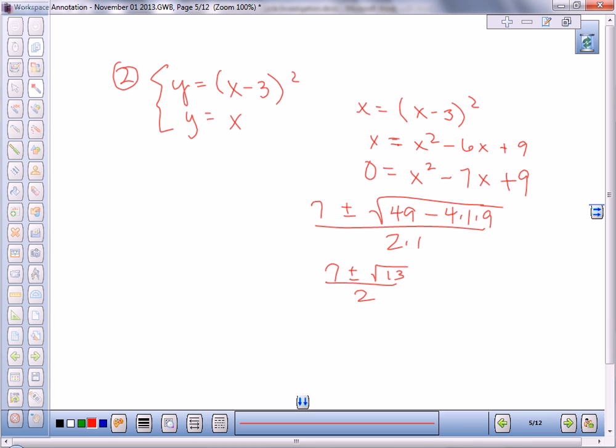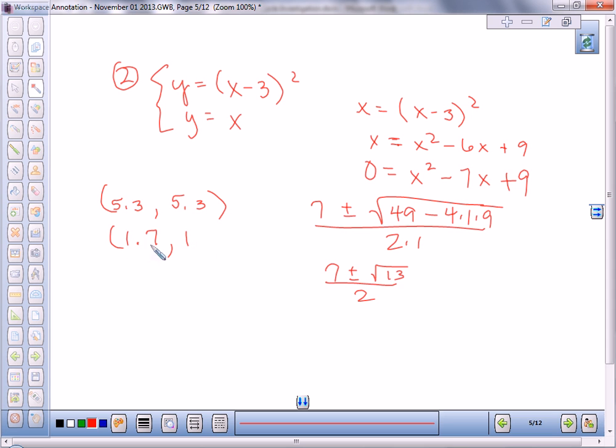It's 5.30277. Yes, 5.3 is one of them. Okay, so if the x is 5.3, what is the y? 5.3, because x equals y. Or 1.7, and then 1.7. Okay, positive 1.7.